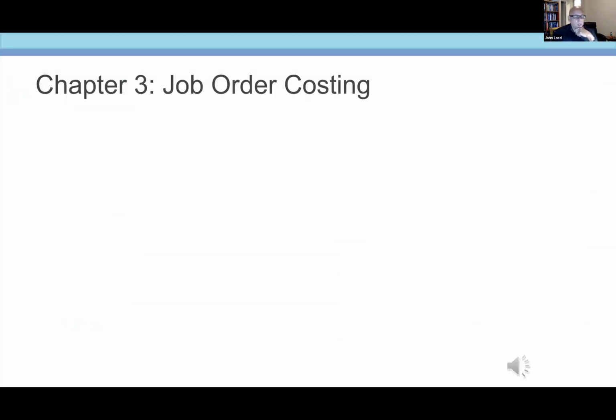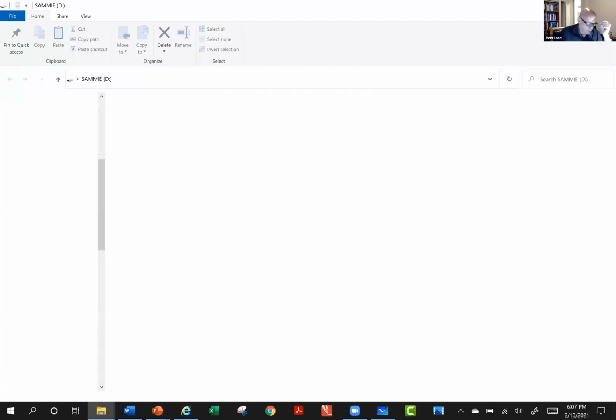So we're going to be talking in this chapter about something called job order costing. Now it's worthwhile to look back a little bit at what we talked about in the second half of chapter 1.